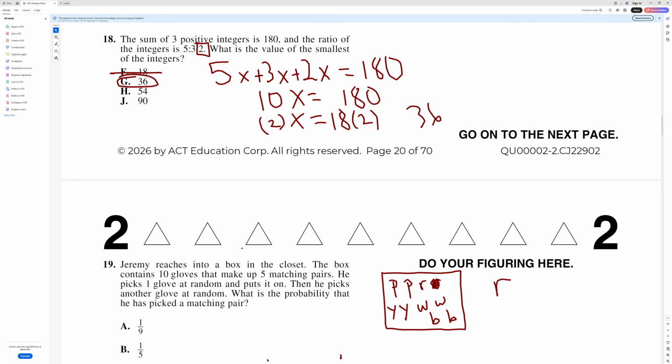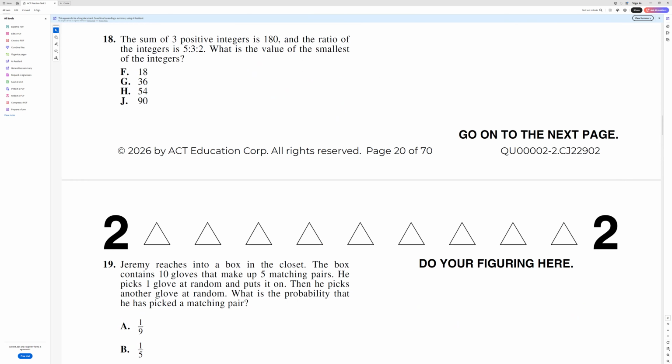What is the probability that you pick the second one and it's a matching pair? The only thing that matches R is this one R. So that's 1 R out of 1, 2, 3, 4, 5, 6, 7, 8, 9. So 1 out of 9 would be the probability of getting a matching pair, which is answer A. Awesome. Erase. Move on.